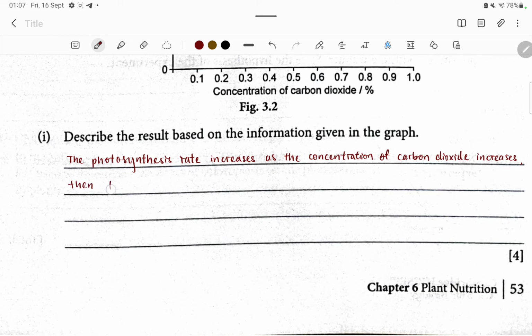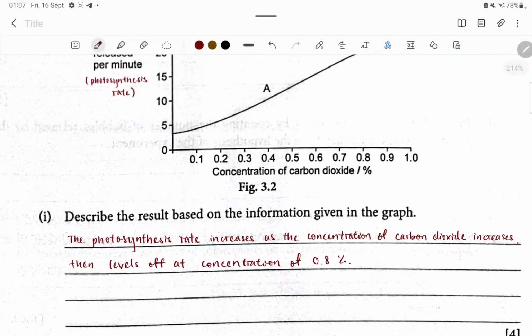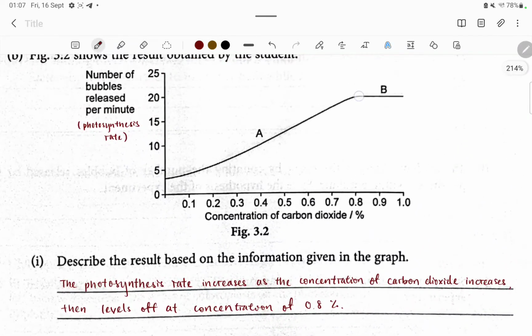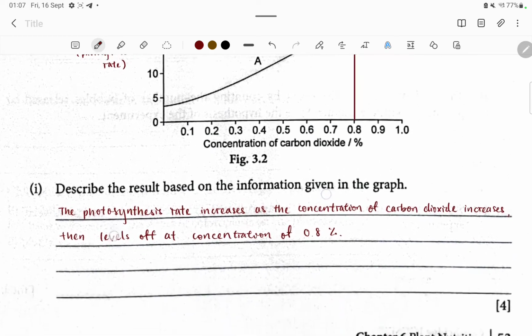Then levels off at concentration of 0.8%. So this one means that until here, until 0.8, the concentration actually starts to stop increasing lah.